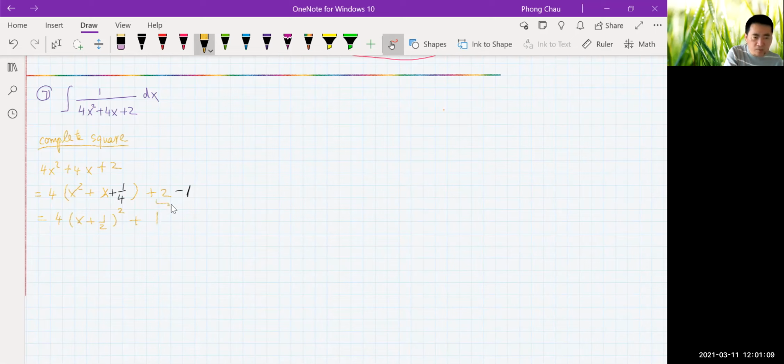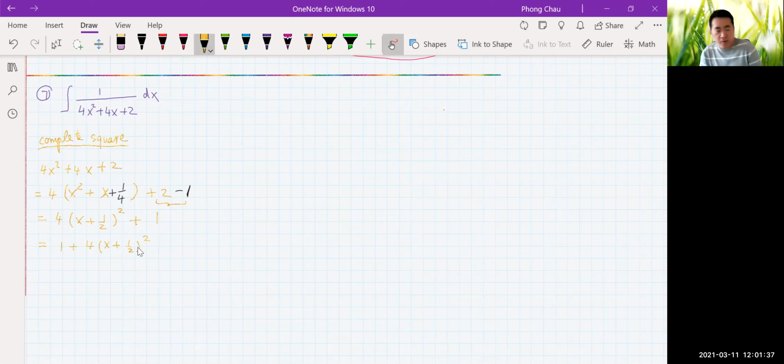Okay, so that by like terms, and this becomes that. Now you see we have a perfect square, so the sum of two squares. We put a 1 in front, right? So we're going to have 1 plus 4 times x plus 1/2 quantity squared.